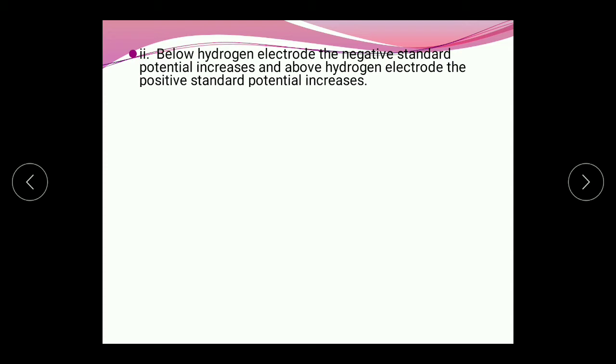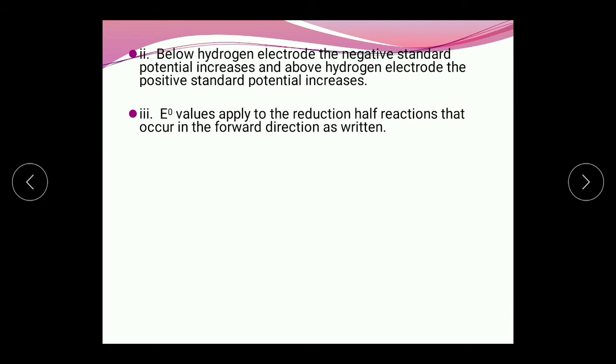And the one which has the least tendency to undergo reduction will be at the bottom. And at the center there will be the standard hydrogen electrode. So the series has the arrangement in decreasing order of standard reduction potential. Understood? Now, the third point: these E0 values apply to the reduction half reactions that occur in the forward direction.